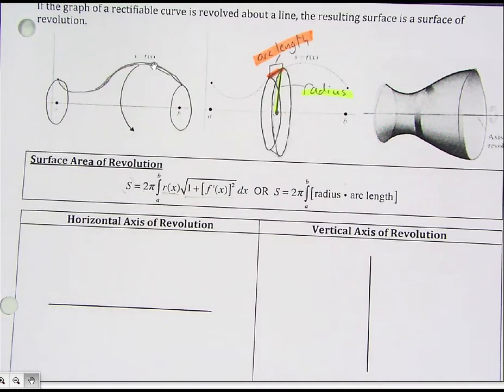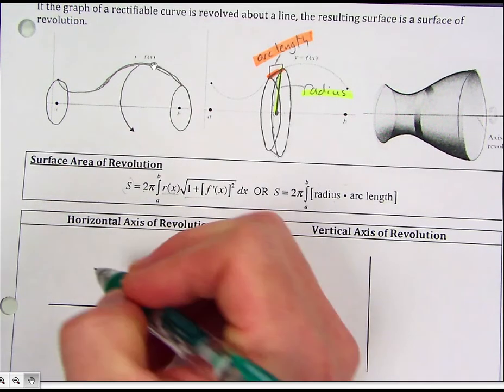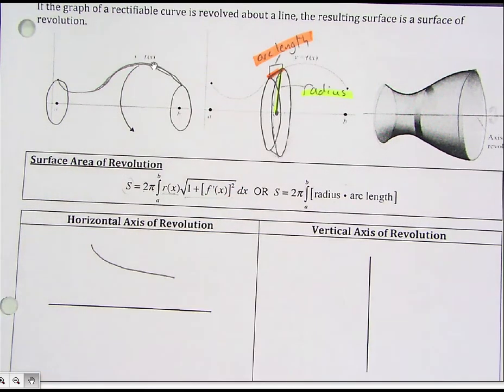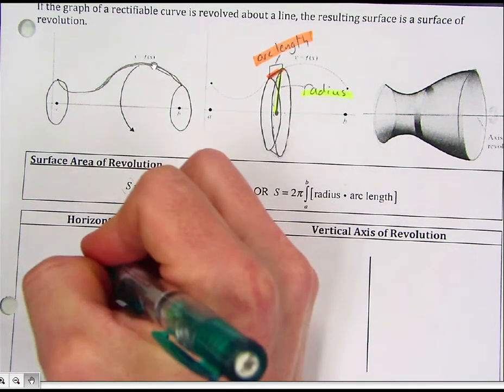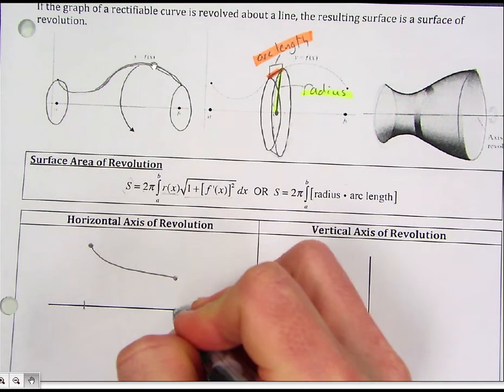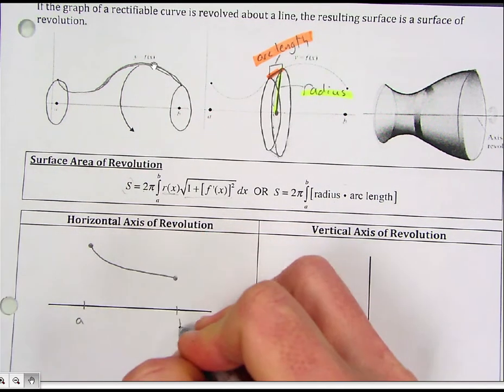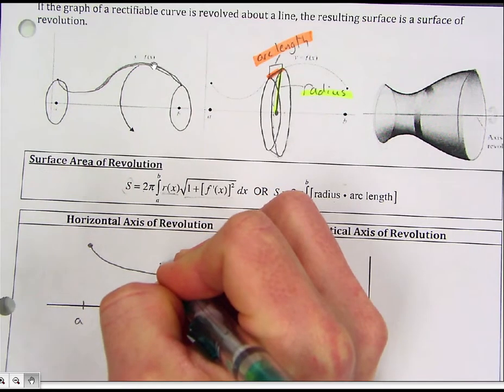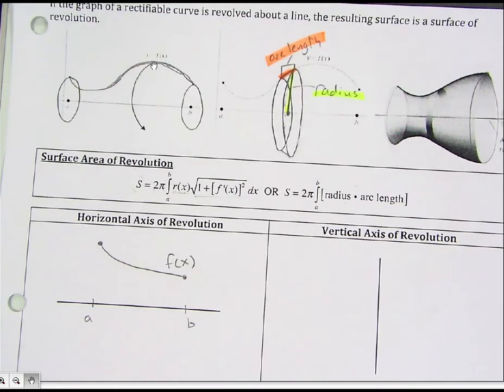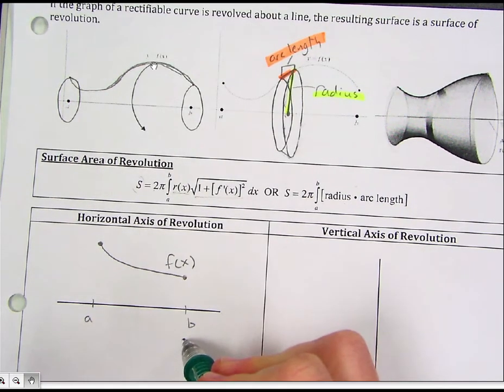And so the arc length is kind of what we found last time. So if we have a horizontal axis of revolution, let's go ahead and just make some sort of rectifiable curve here, and we'll just call this f of x.